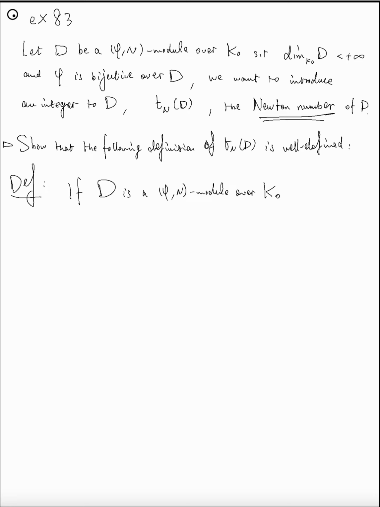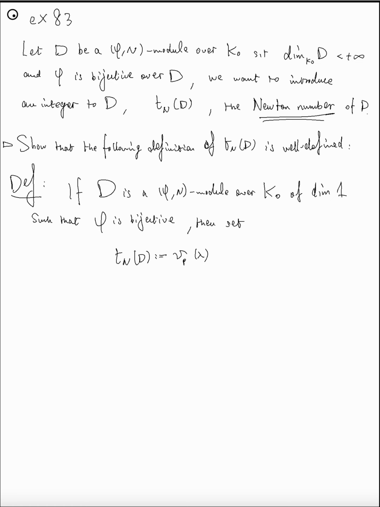We only work with dimension 1, which means this is just a one-dimensional K0 vector space, and Frobenius is bijective. Then we set Tn of D to be Vp of lambda, the p-adic valuation of lambda.